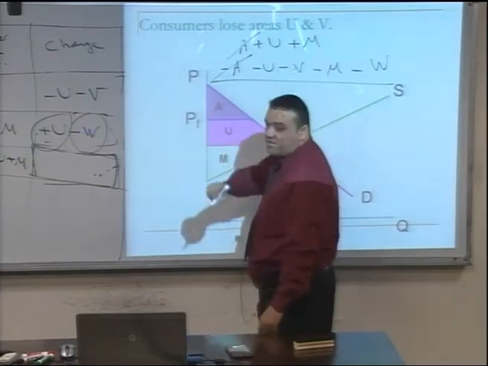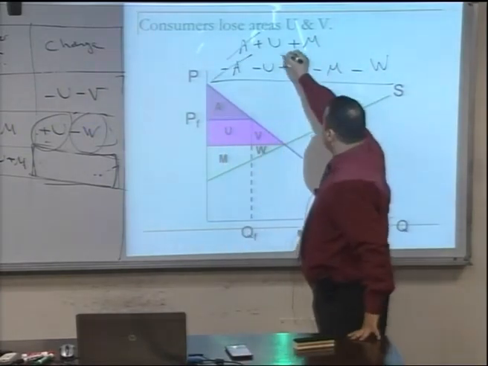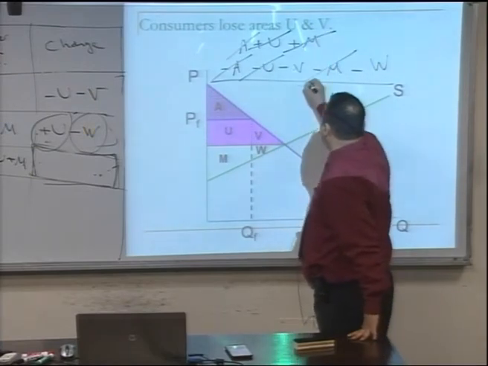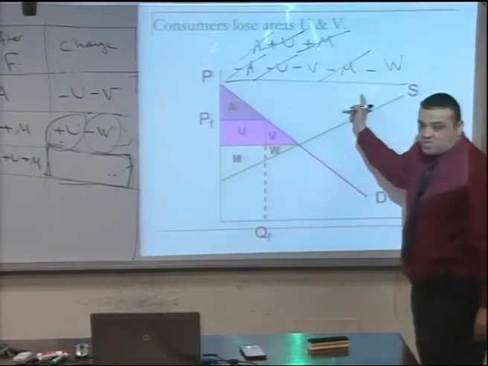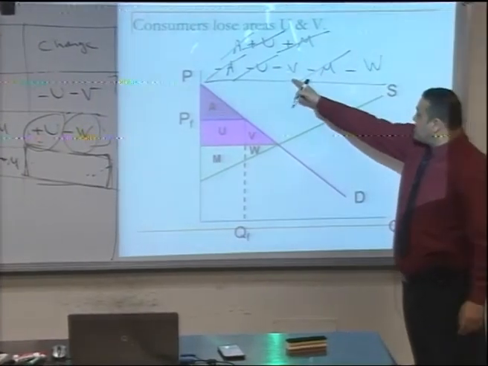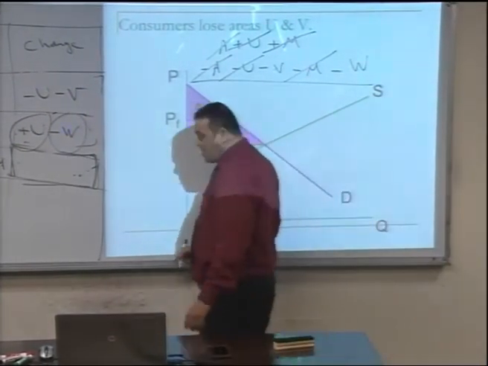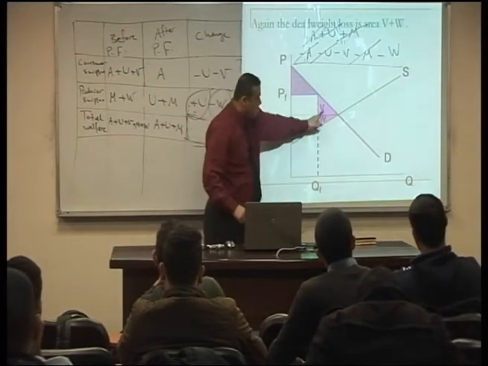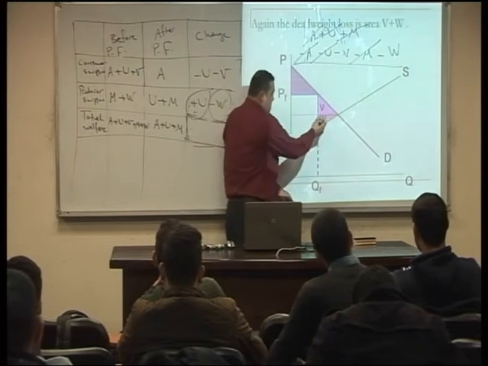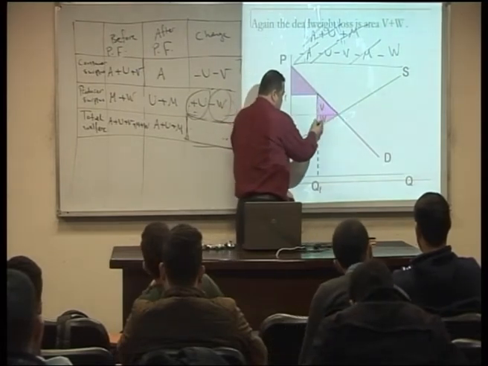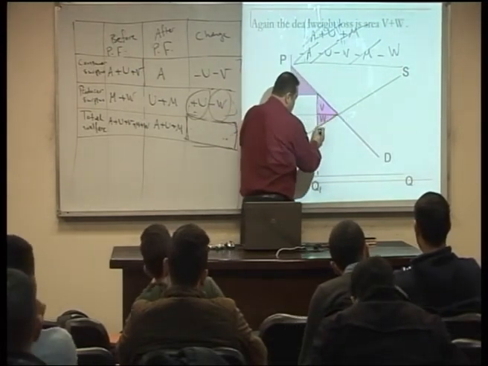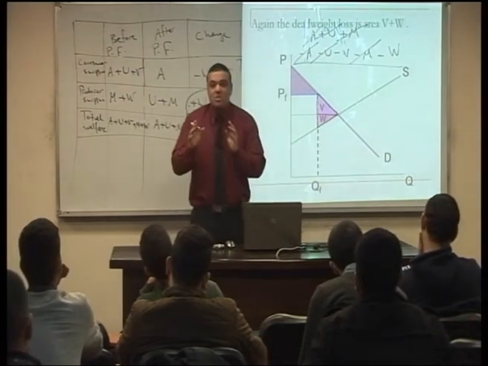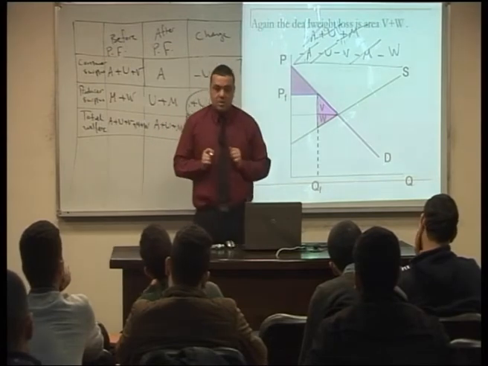A with negative A, U with minus U, positive M with negative M. The final change is minus V minus W, which is the deadweight loss. These two triangles represent the deadweight loss, or the social welfare loss.